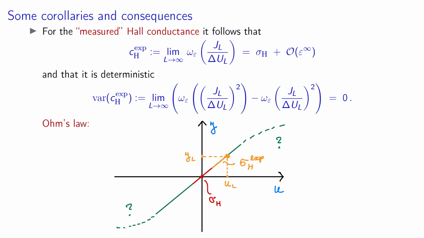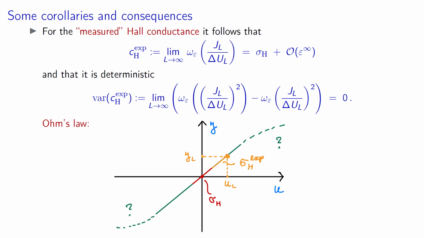So again, this is what I meant by Ohm's law. This quantity here has no power law correction, meaning that what you experimentally do, you are somewhere on this curve. Actually, you try to be on this curve as far away from zero as possible, because that will allow you to control your errors very precisely.